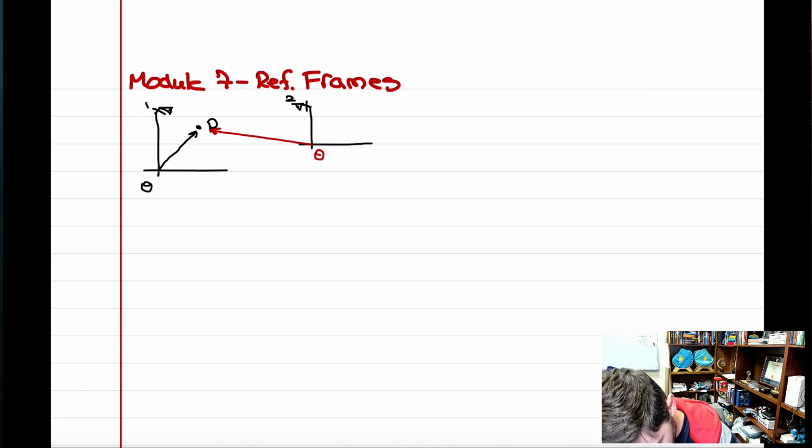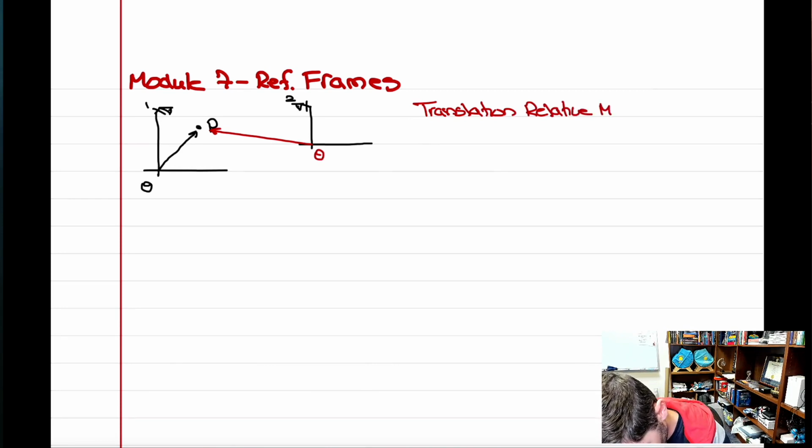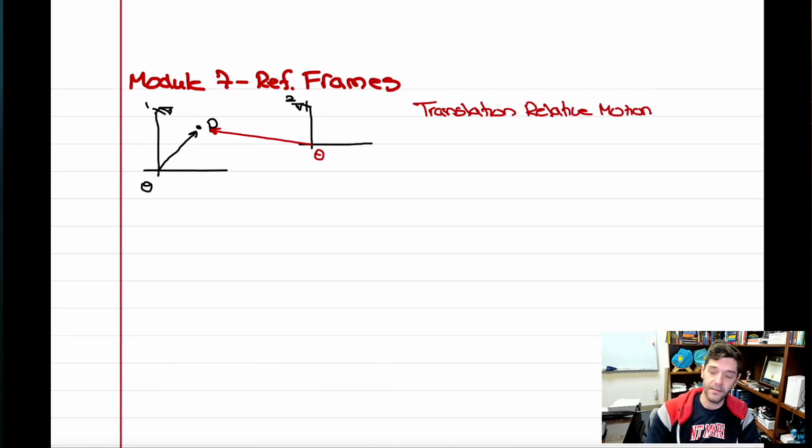So this is what I will call translational relative motion, that we're going to learn how to transform between two coordinate systems that are located via a translation from one to the other.